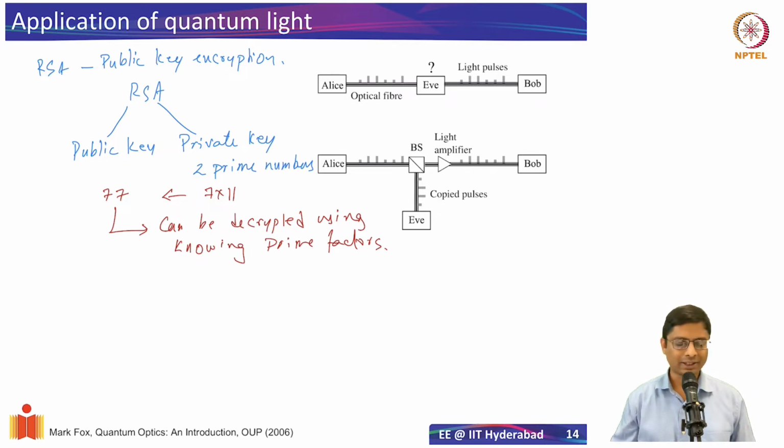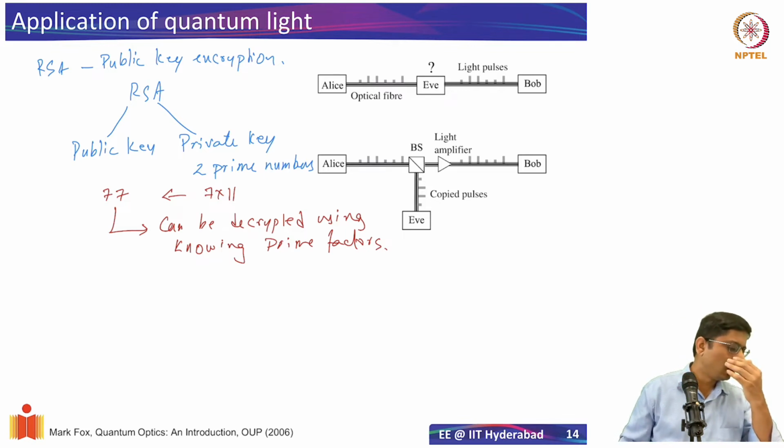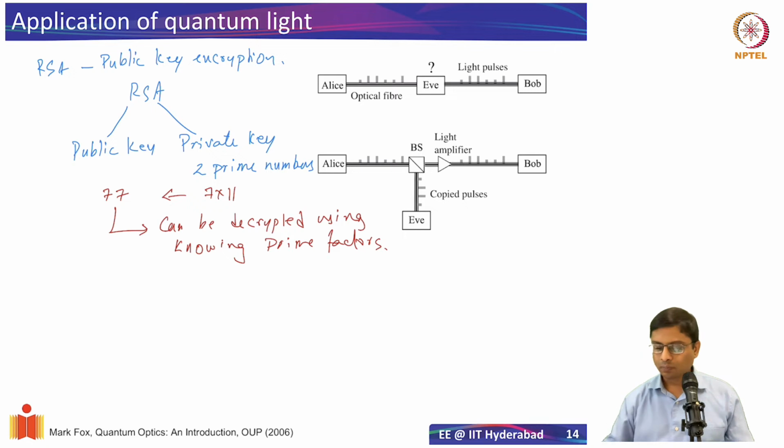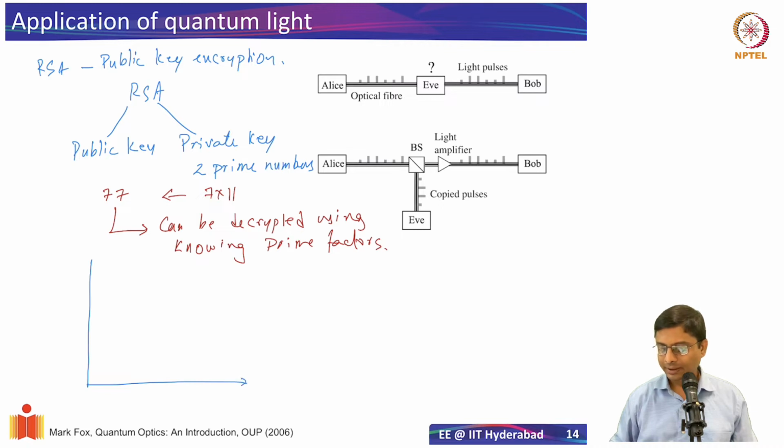Essentially, if you look at a function, my x-axis is the size of the problem, n, and my function is f of n. There are problems which go as polynomial time, meaning the complexity of the problem increases as a polynomial, maybe something like n power 4 or n power 3 and so on.